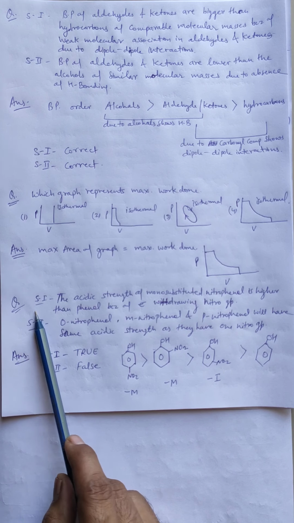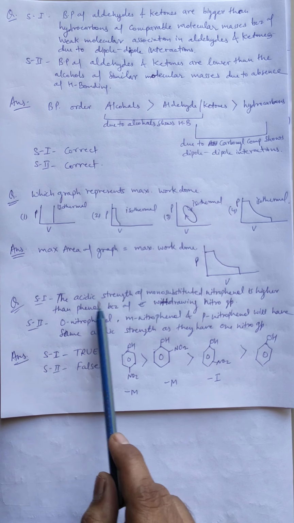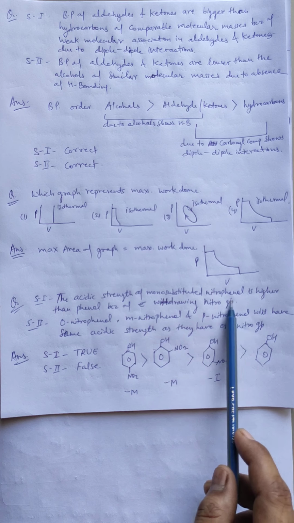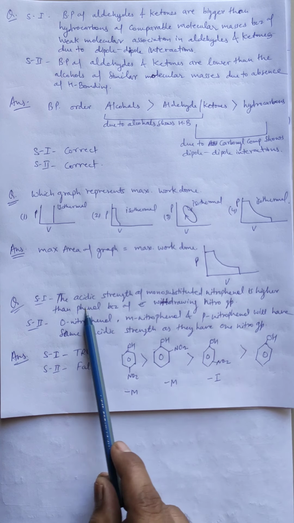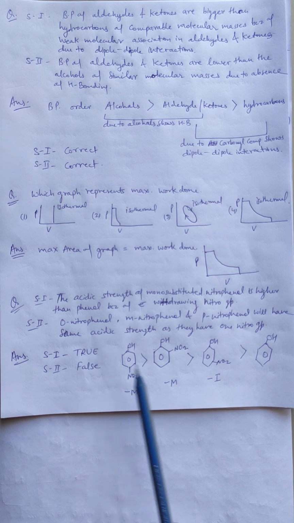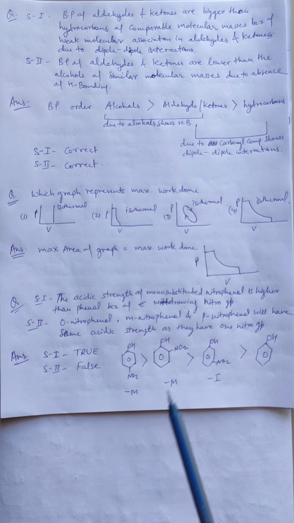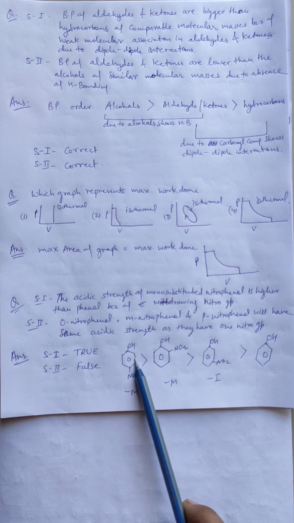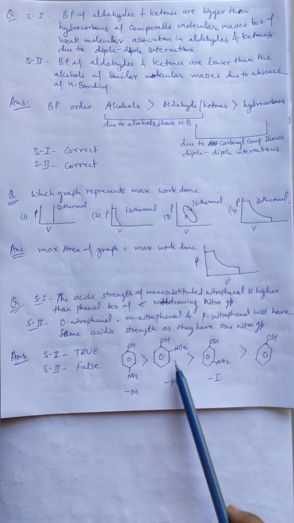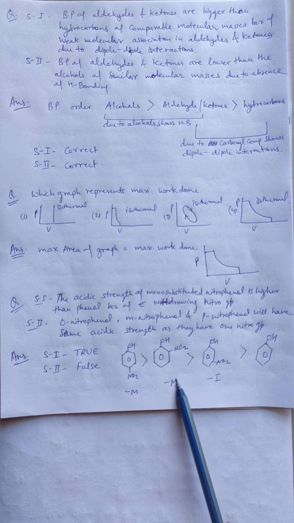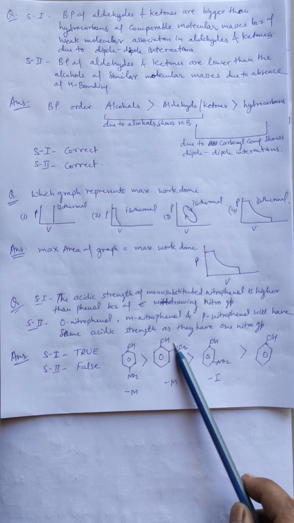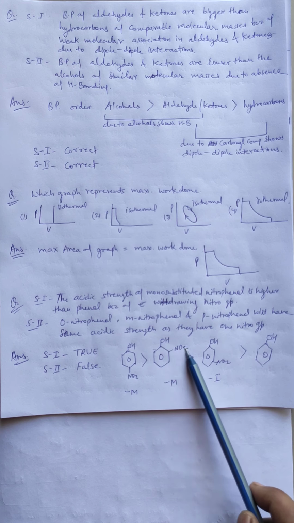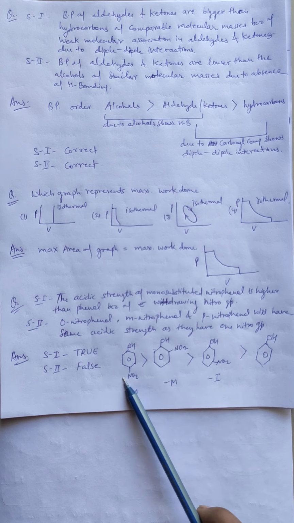Now the next question, statement 1, the acidic strength of monosubstituted nitrophenol is higher than phenol because of electron withdrawing nitro group. So it is a true statement, because nitro group NO2 on phenol, nitro group on para shows minus M effect, nitro group on ortho shows minus M effect. But at ortho, hydrogen bonding will be there, so it is less than the para, right?